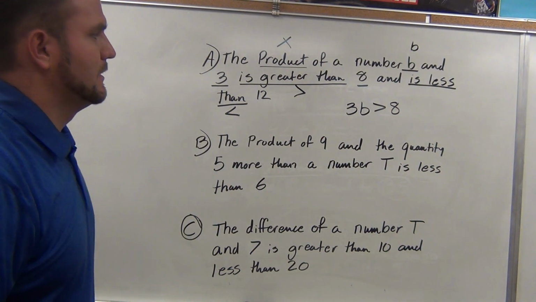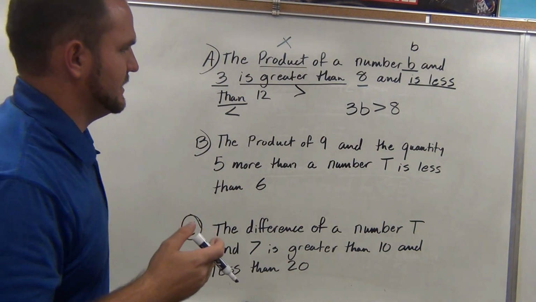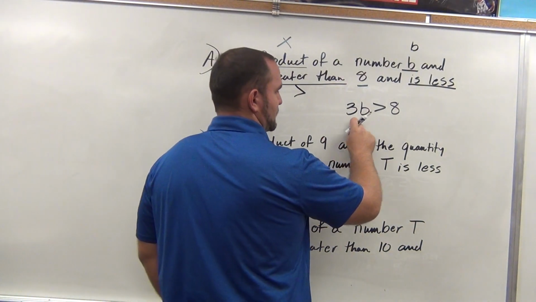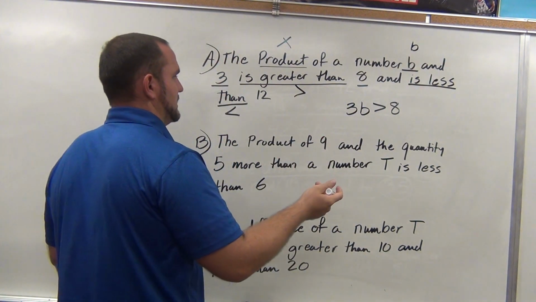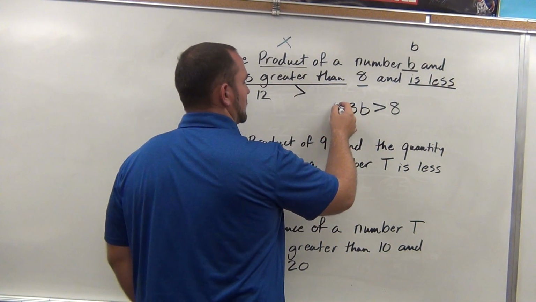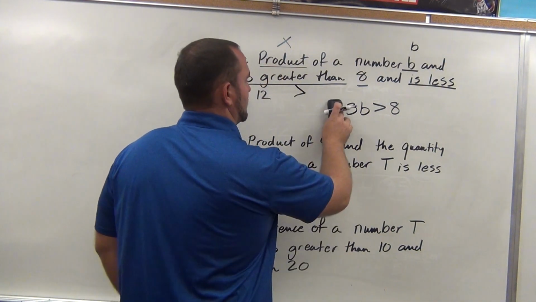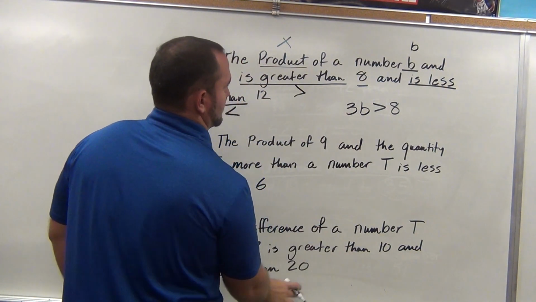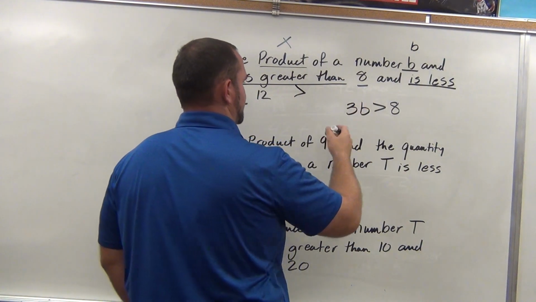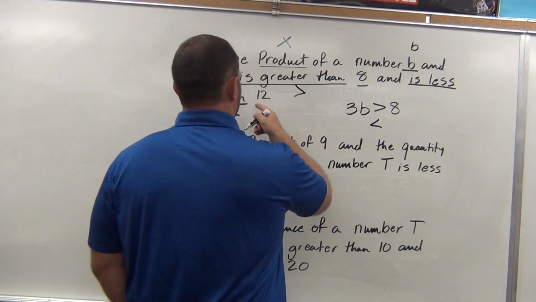Okay. And is less than, so now they're still talking about this 3B, so is less than, okay, hang on, I'll make this work here. Okay, and this piece is less than 12.